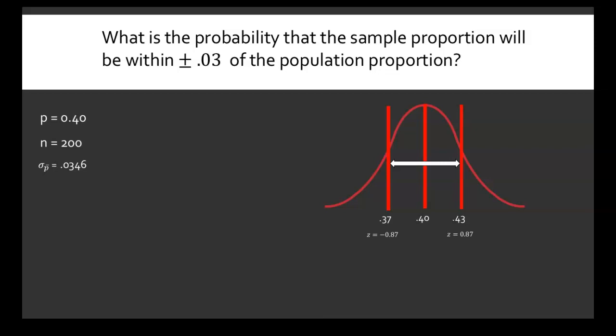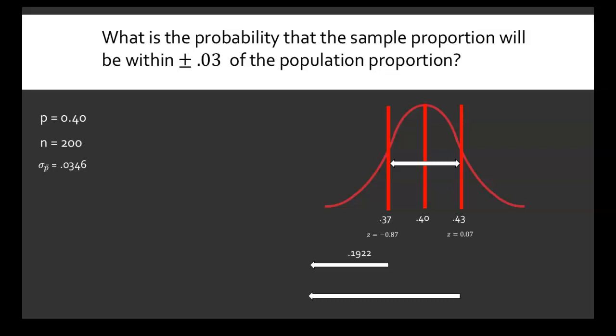So now we can use those z-scores and look them up in our table. When we look up z-scores in our table, we're going to be given areas to the left, right? So if we look up negative 0.87 in our z-score table, we find that the area to the left of that is 0.1922.